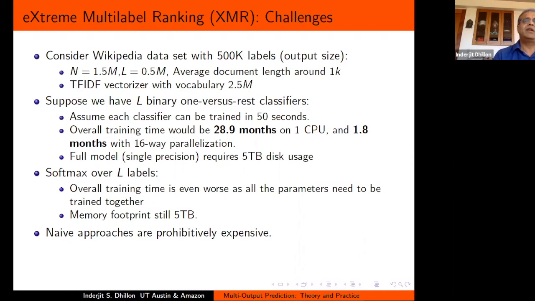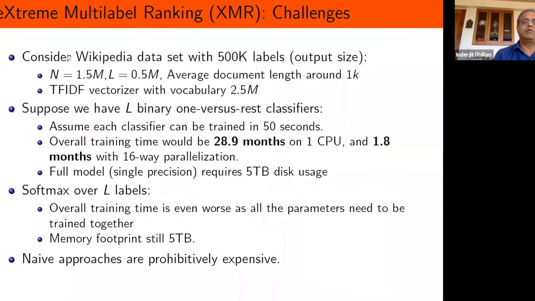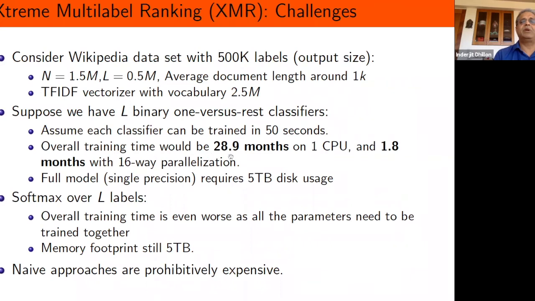So if we then look at all this, the overall training time would actually be a lot, nearly 2 months if we use a 16-way parallelization, assuming full parallelization. And the memory requirement, since we need all these coefficient vectors for each of the one versus rest classifiers, the full model would require about 5 terabytes of disk usage.